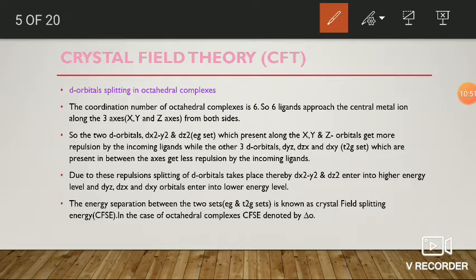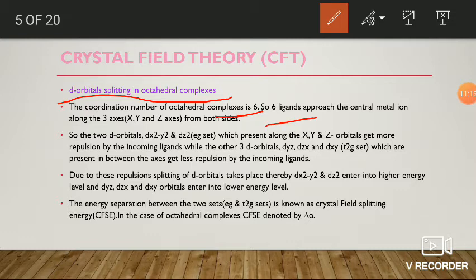Next, application of CFT to octahedral complexes, or d orbital splitting in octahedral complexes according to crystal field theory. Generally, in octahedral complexes the coordination number is 6. It is a 6-coordinated complex. So 6 coordination means it contains 6 ligands.